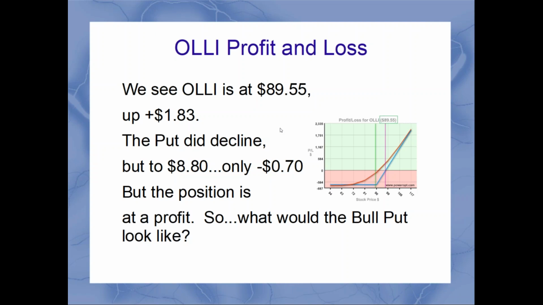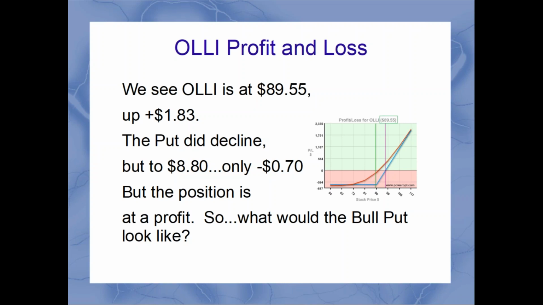Ollie's up $1.83, moved up to 89.55 as of this morning. The put did decline, but it dropped from 950 to 880. We still have several months of time premium remaining on the put, so you've only lost 70 cents. So the position is still at a profit.